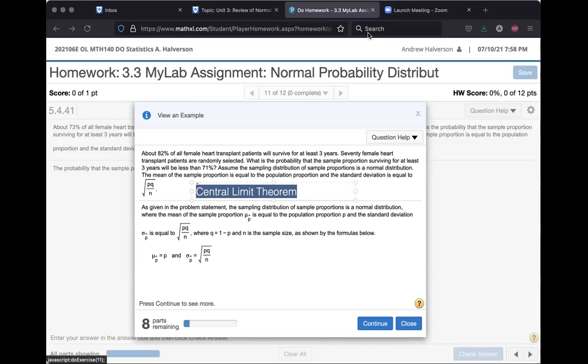The key to this whole thing is being able to utilize these formulas right here, that the mean of the sample is equal to the mean of the population, and use this formula. Once you have the mean and the standard deviation, it's just a matter of finding the z-score, and then you use the z-score to go to the normal distribution table to find the associated probability.